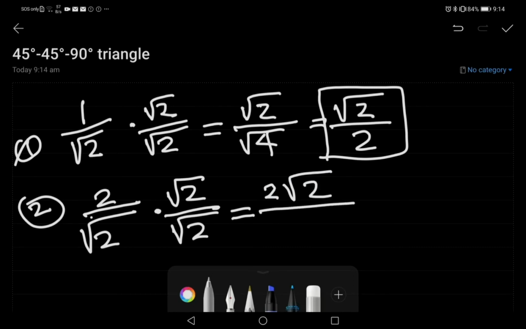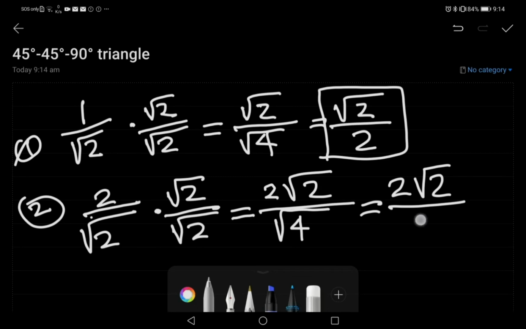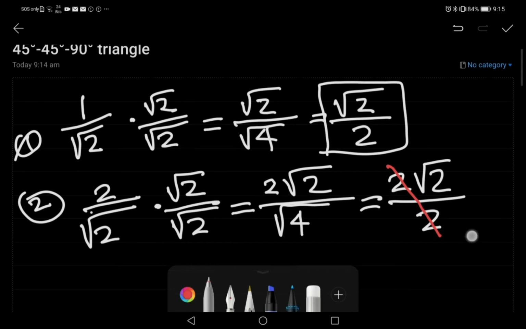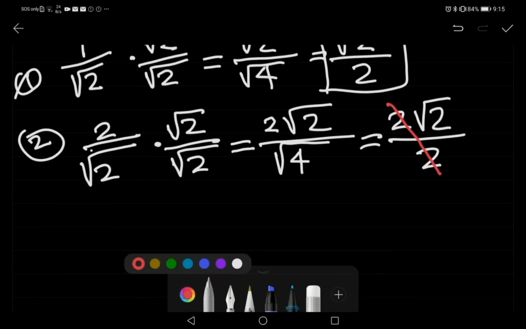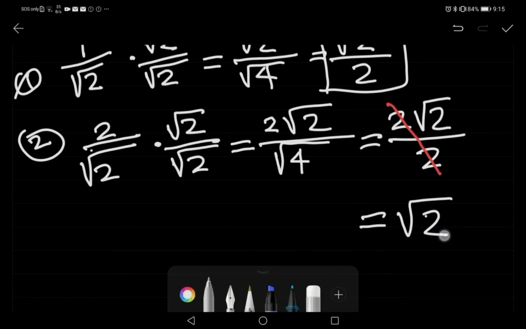And square root of 2 times square root of 2 is square root of 4. So we will copy 2 square root of 2 over the square root of 4, which is 2. So we can cancel 2 here. So what will remain is square root of 2, and this is the answer.